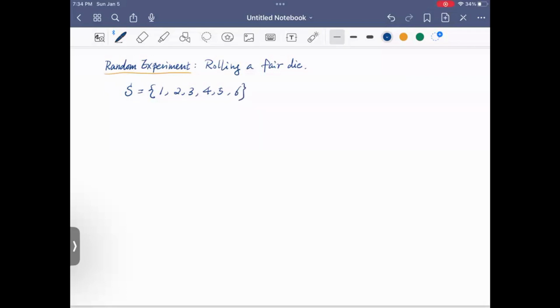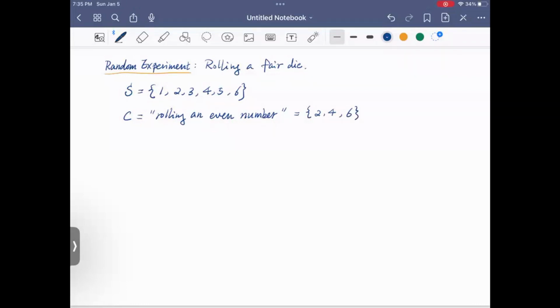And all the outcomes are equally likely to occur. So the probability of 1 is equal to 1/6, and of 2 is equal to 1/6, etc. Now let's consider an event C, which is rolling an even number. Then we can write it in set notation. So it should be {2, 4, 6}.